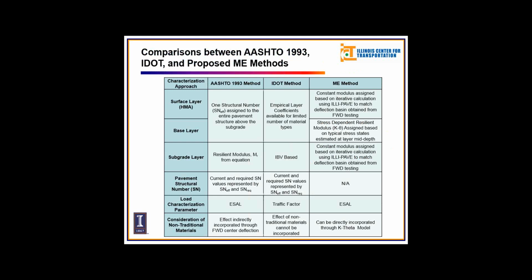At this time, it's hard for us, because we're just trying to model the FWD deflection data through the ELIPAVE, and the back calculation software that is available right now also just comes up with that constant modulus. So we are using those moduli as a base value. That's why I didn't do any bilinear subgrade model.